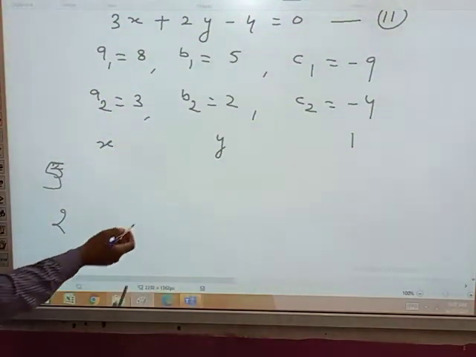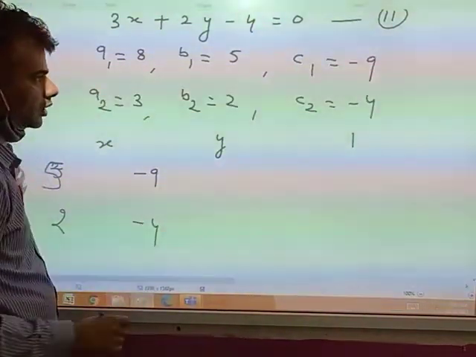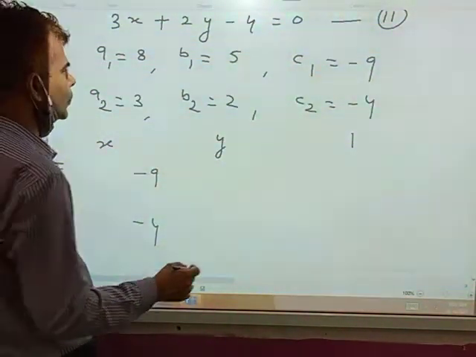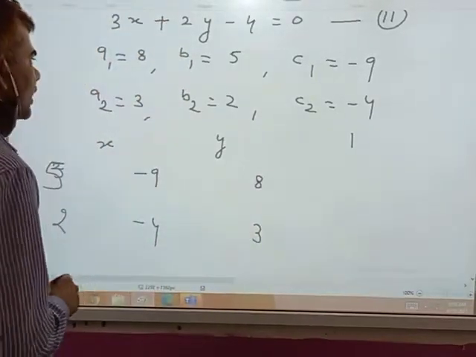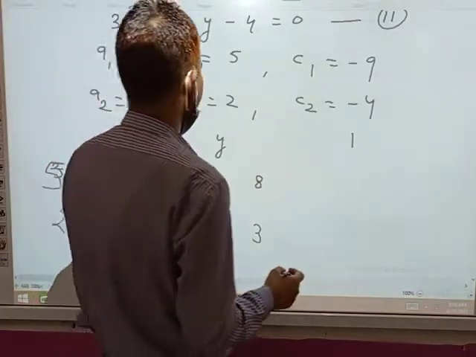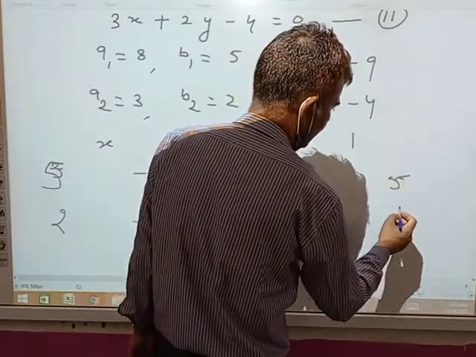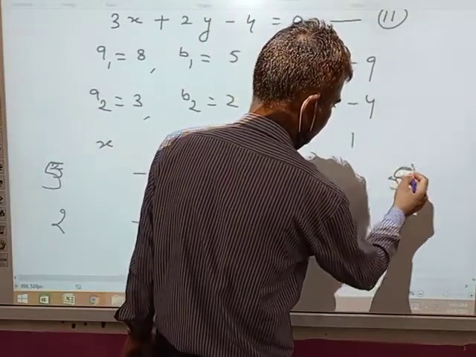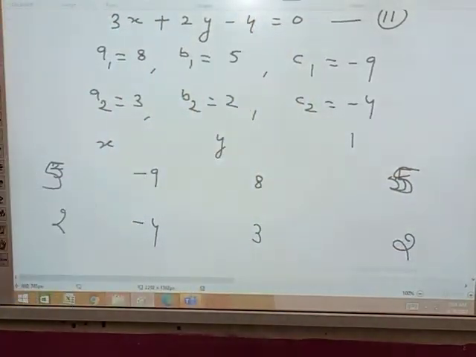What is C1, C2? Minus 9, minus 4. What is A1, A2? 8, 3. What is B1, B2? That is 5 and 2.